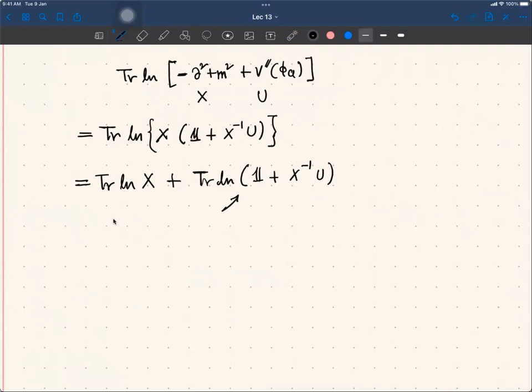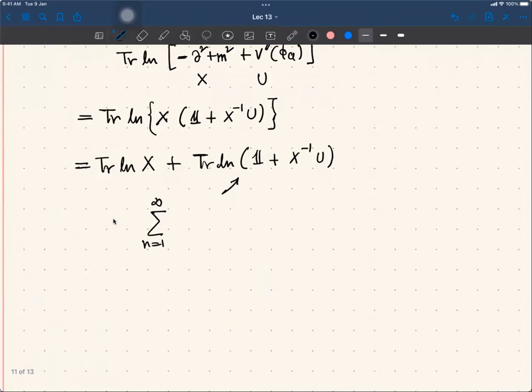It is given by the sum over n equal to 1 to infinity of the logarithmic expansion, minus 1 to the n plus 1, trace of X inverse U to the power n.